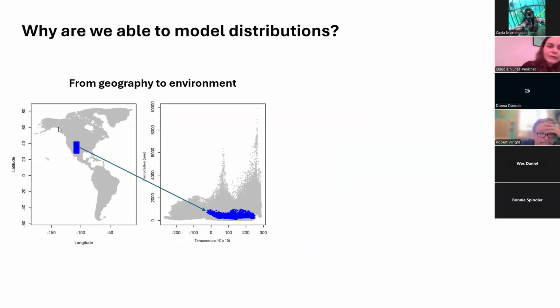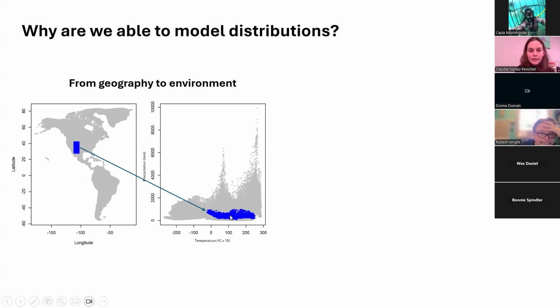Now, why are we able to model those distributions? If we look at this figure, the left portion is representing the Americas. We are seeing in gray all the Americas and a little square in blue. If we map all the combinations of temperature and precipitation that are represented in that geographic region, on the right we see in gray all the values of temperature and precipitation in all the Americas.